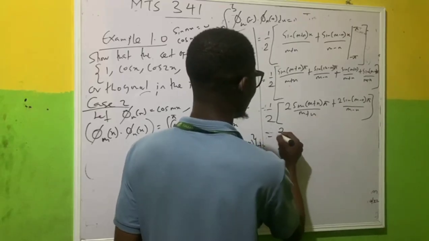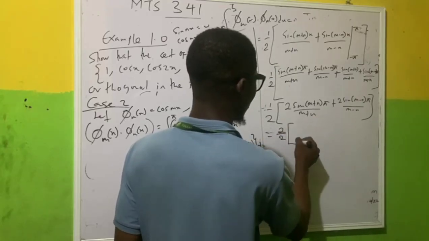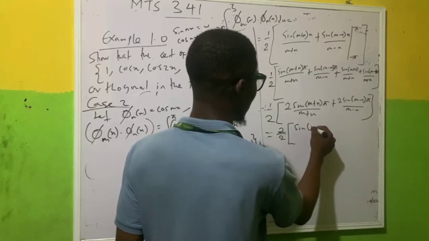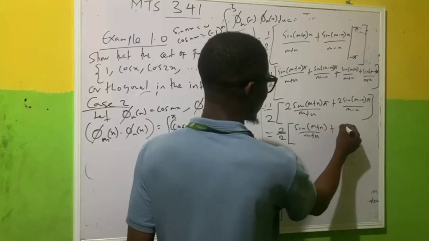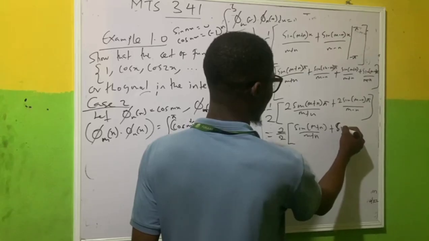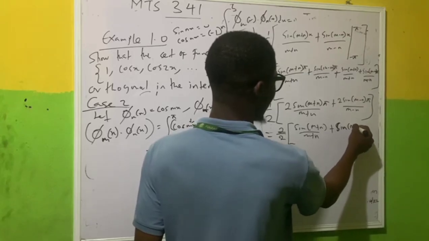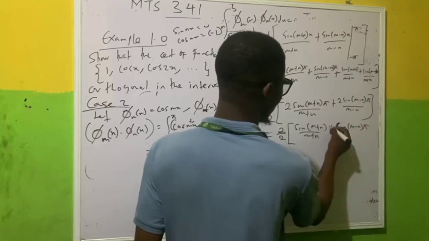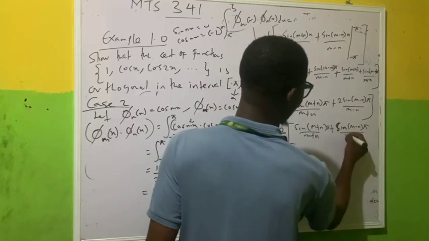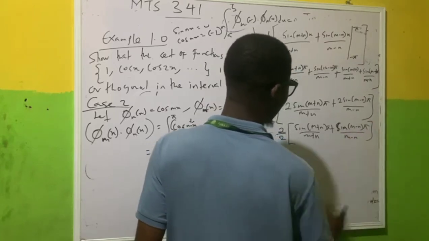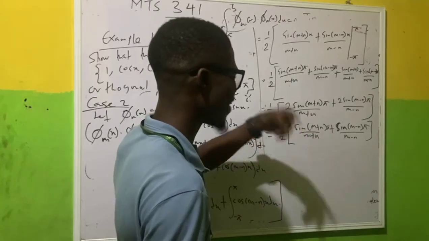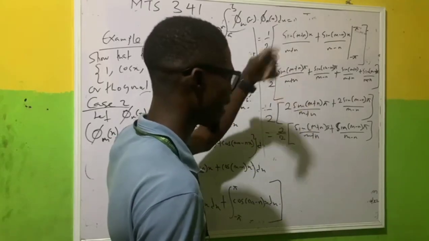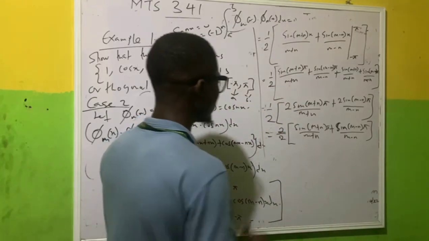So you're having 2 over 2, okay, sine into bracket m plus n pi over m plus n plus what? Sine m minus n pi. So don't forget this pi, you are still there, over m minus n. Alright, so don't forget, so this one automatically is 0. So any other time you're having sine of anything pi or anything x, it is 0 according to the rule.